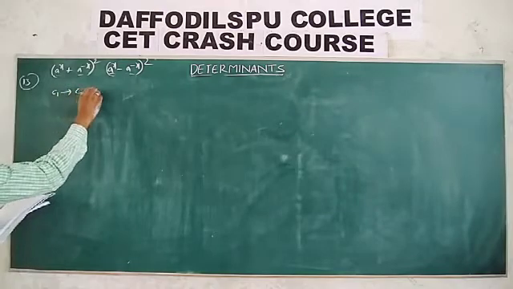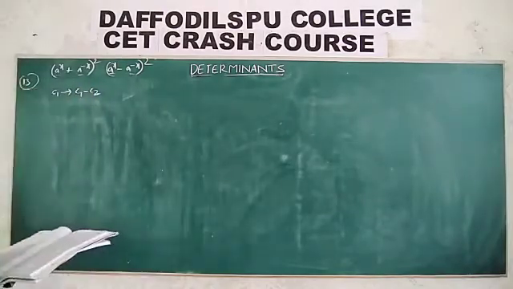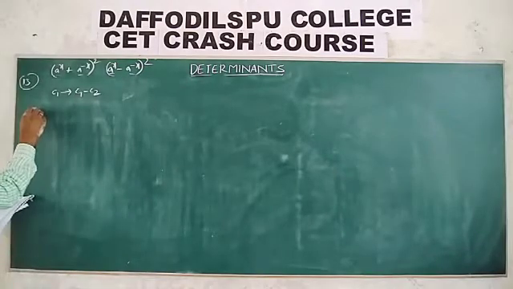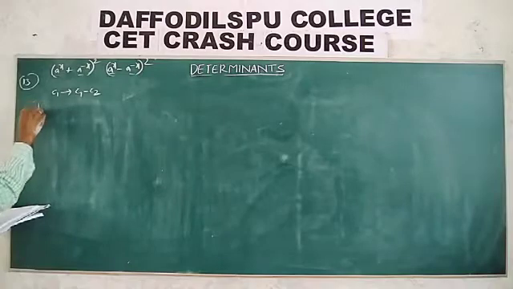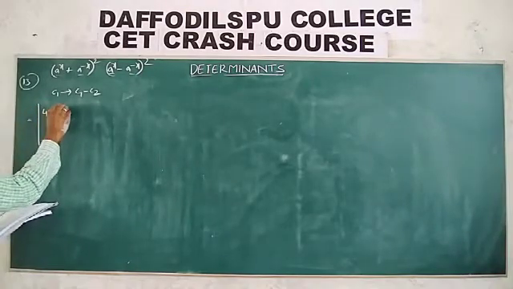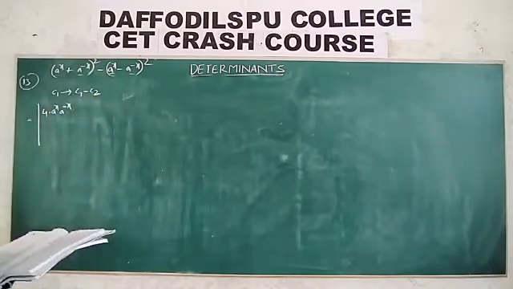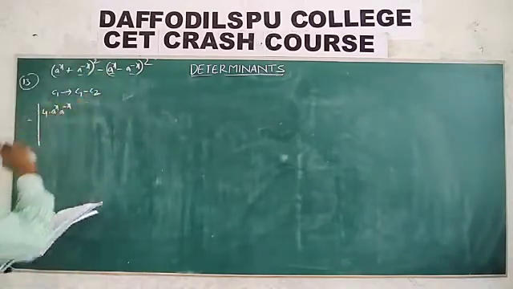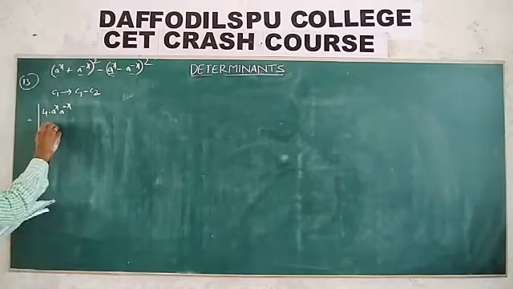C1 gives C1 minus C2. A plus b whole square minus a minus b whole square, formula 4ab. So that implies the value is 4ab. Remember students, a plus b whole square minus a minus b whole square. C1 gives C1 minus C2. Right, 4ab.